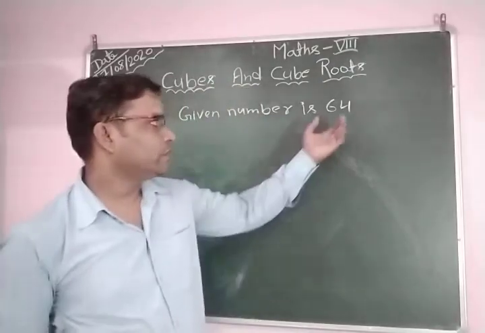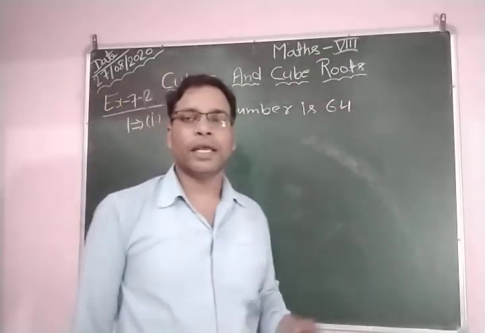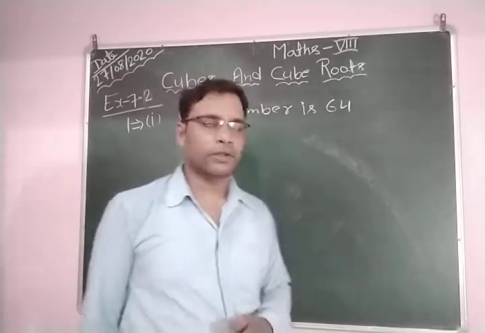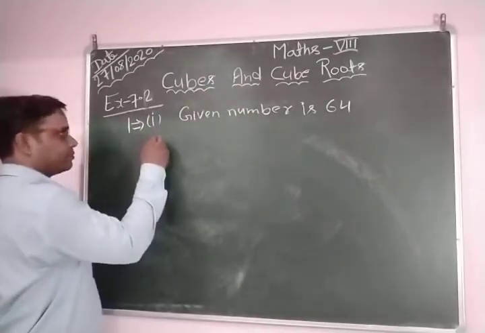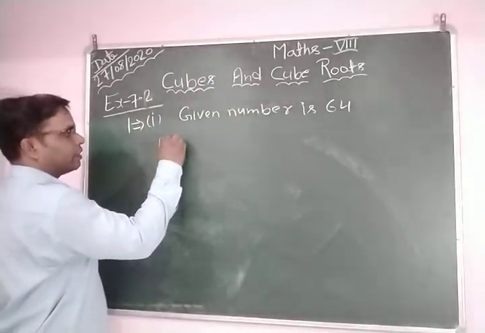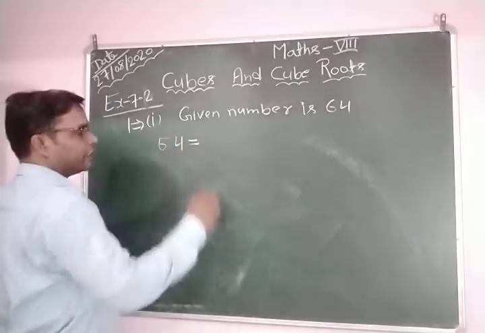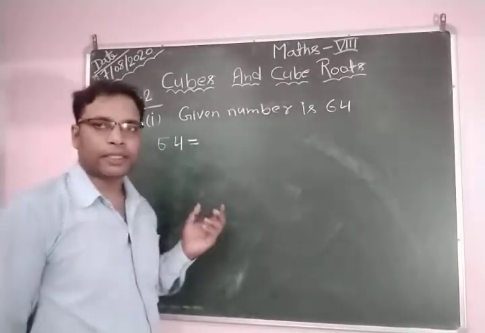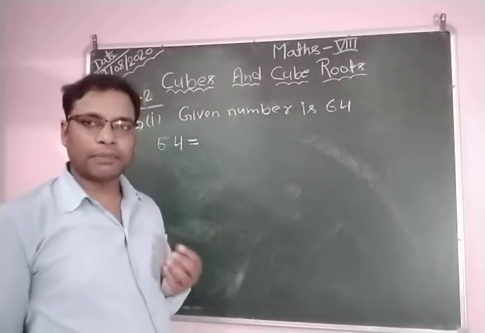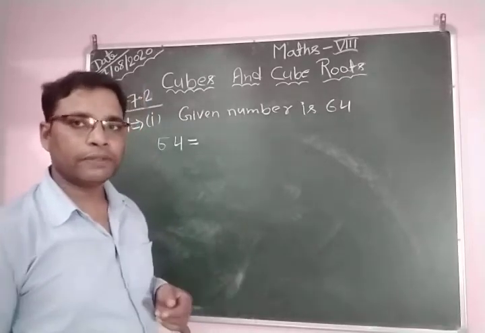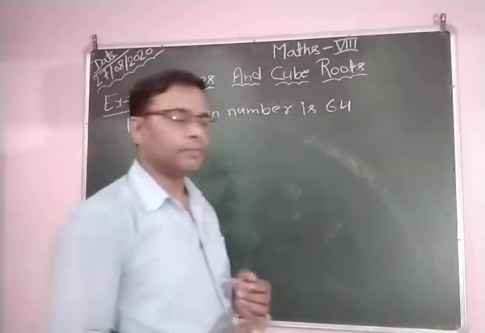Okay, so first we express this 64 as prime factors. So first we find the prime factors of 64, then we use the prime factorization method.